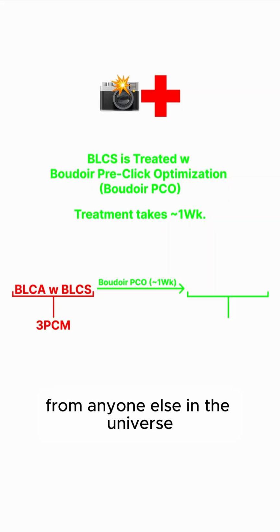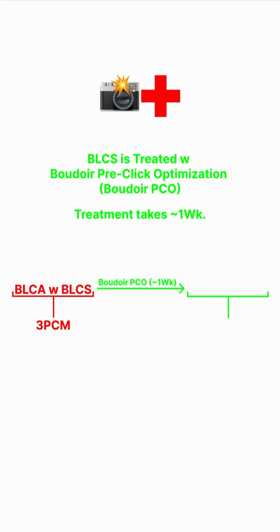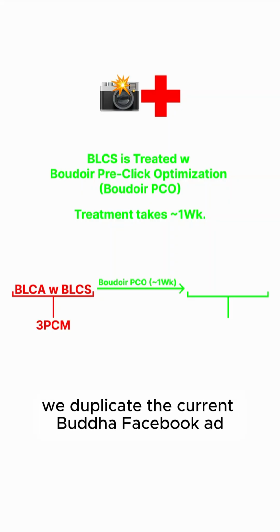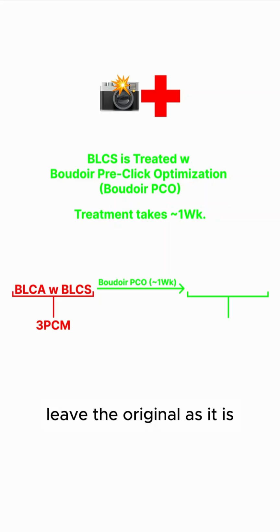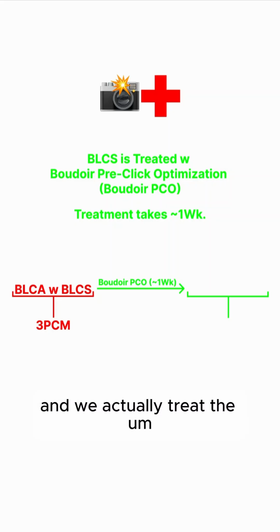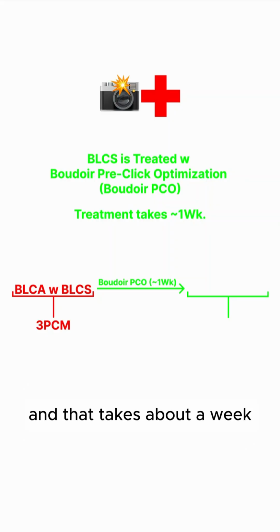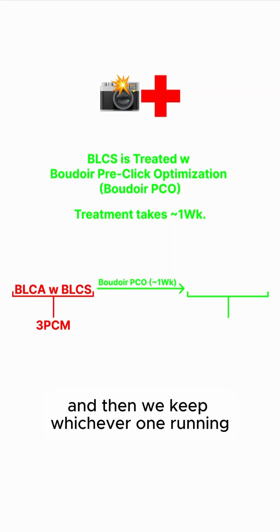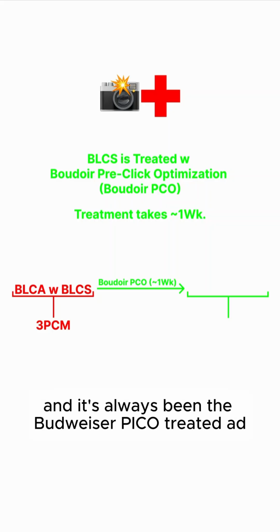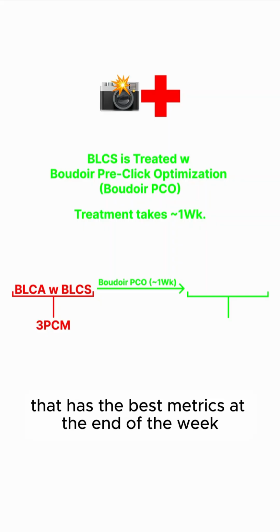You can't get this anywhere else from anyone else in the universe. What we do is duplicate the current Boudoir Facebook ad, leave the original as it is, and treat the duplicated ad. That takes about a week, and then we keep whichever one has the best metrics running. It's always been the Boudoir Pico treated ad that has the best metrics at the end of a week.